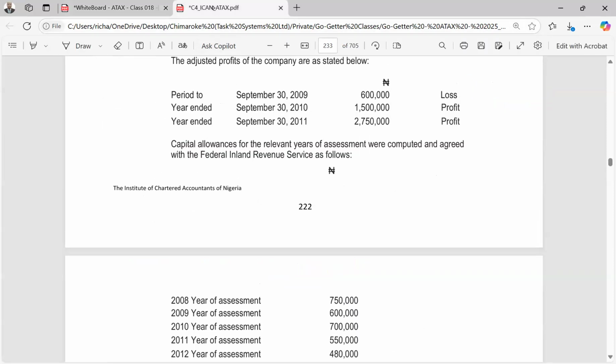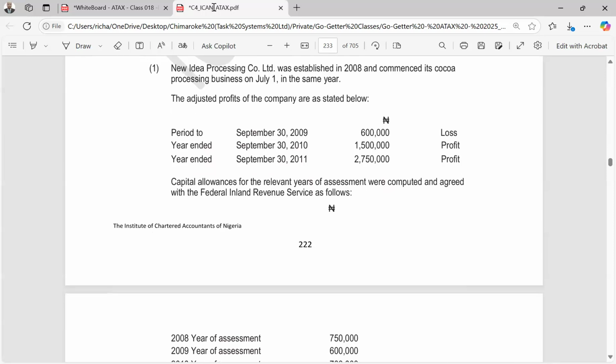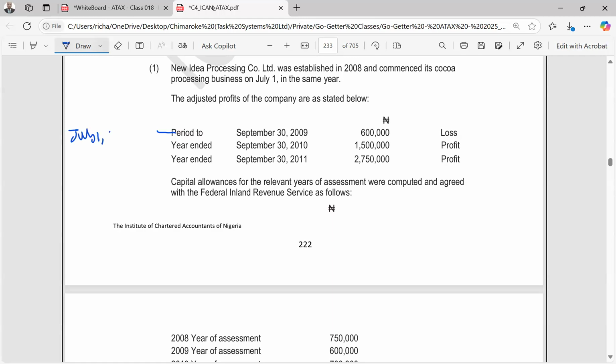But now I have a period, so let's identify what this period is. This period started from July 1, 2008, and it's ending in September 30, 2009.